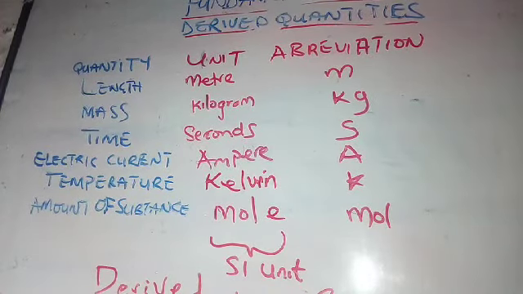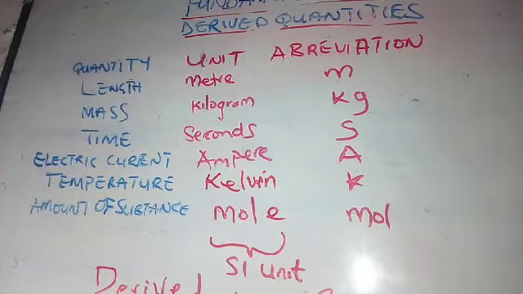So we will take a look at dimensions of physical quantities and how to use these fundamental and derived units to derive dimensions of some basic physical quantities. So let's take a look at that.